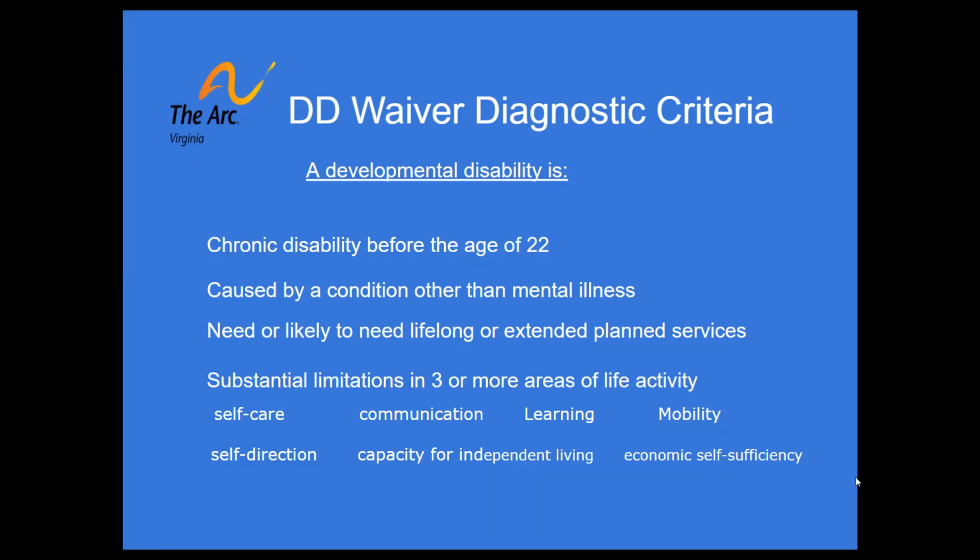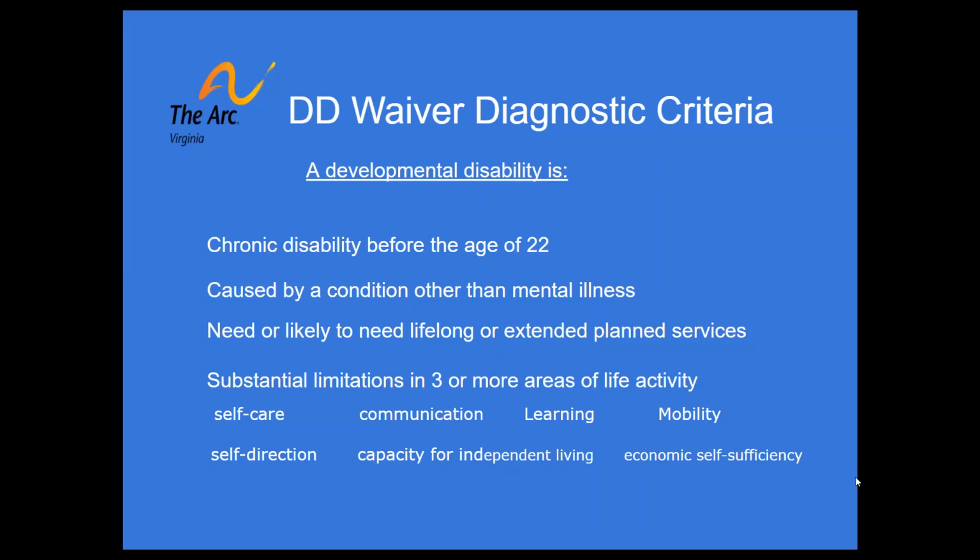A sole diagnosis of mental illness does not qualify. So just like in the CCC Plus waiver, a person may have a mental illness, but must have another disability. Some developmental disabilities include things like cerebral palsy, autism. We'll talk more about them later.